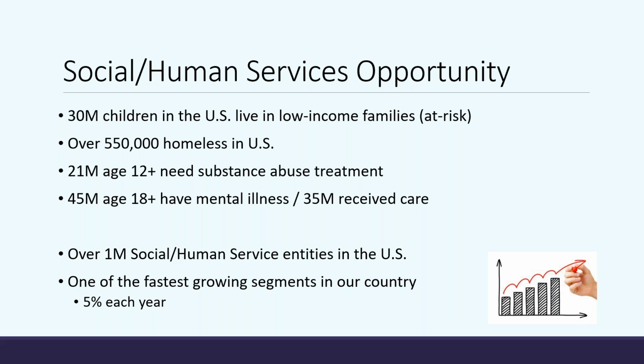We live in a society now where a lot of this has been a lot more prevalent and highlighted. I think 50 years ago this probably still existed, but now we just have a lot more awareness in our society. These numbers, I won't go through every single one of them, but they give you a pretty good illustration of what the problem is. There's tens of millions of people that are dealing with some type of illness or some type of disparity.